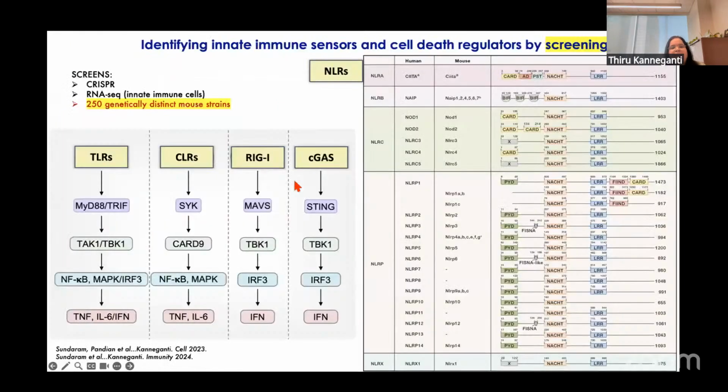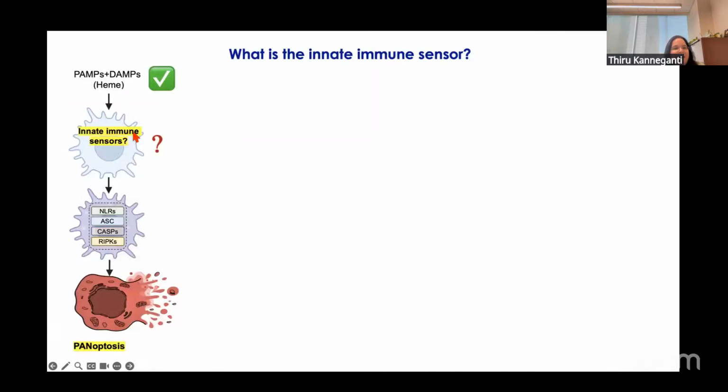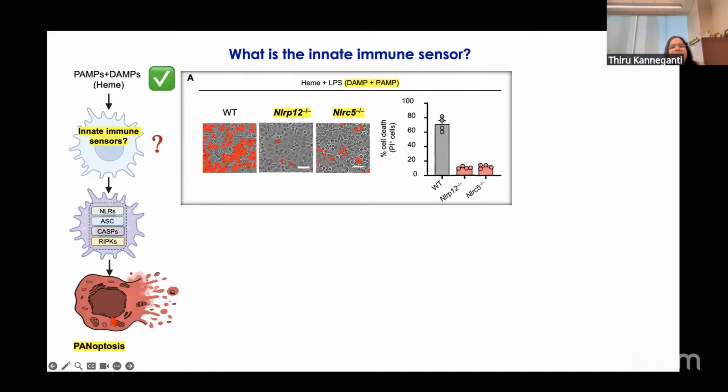So this gave us an indication that there could be a sensor upstream sensing this combination, which is physiologically relevant. Then we screened maybe 200 different knockout strains that we have of all the sensor molecules, be it TLRs, C-type lectins, the cGAS pathway, RIG-I, or NLRs. After screening many molecules, asking what is the sensor and what is the death pathway, we discovered that NLRC5 and NLRP12 are involved in this.